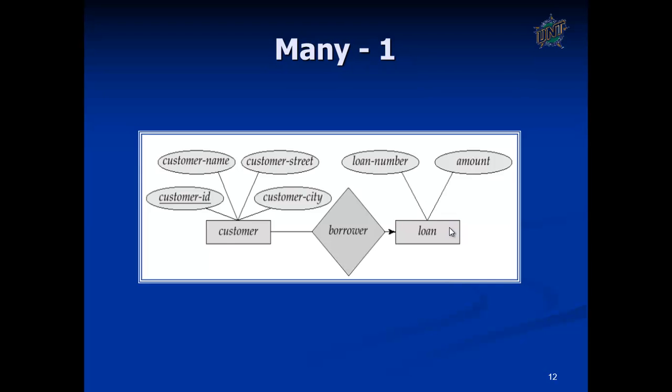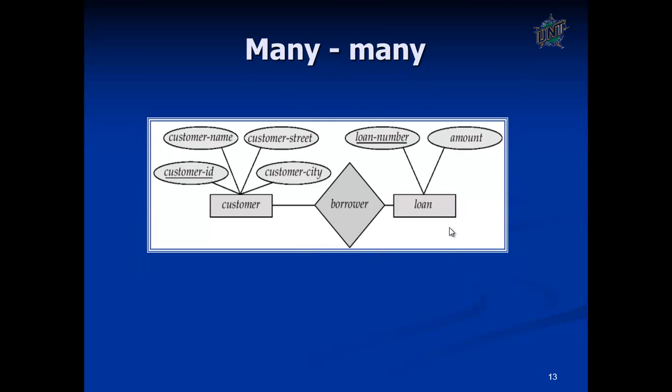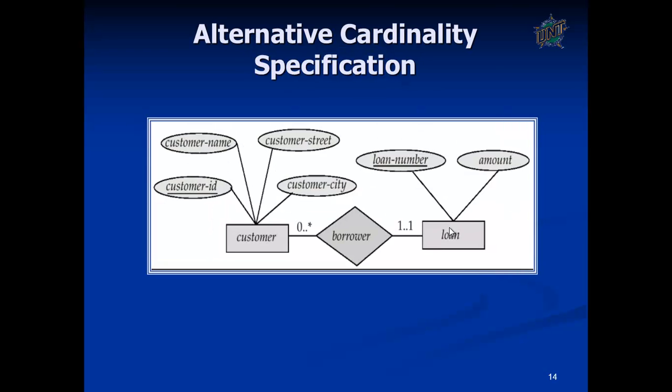If we talk about many to one, then customer, borrower, loan. Many to many relationships can also exist there. Alternative cardinality specification means you can specify the cardinality by a particular representation method, like 0 to many and 1 to 1.